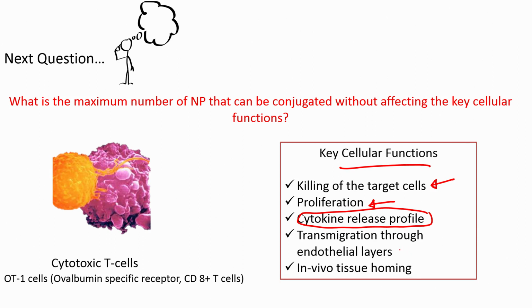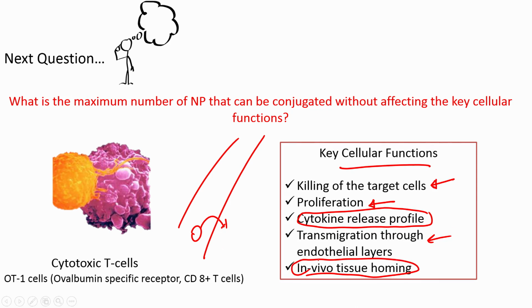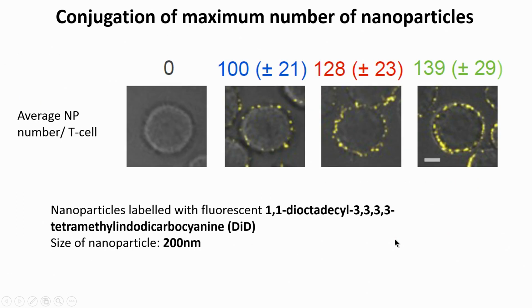One other important function that these cells do is migrate through the endothelial layer. So, when they are flowing in the blood vessel, they need to come out when there is inflammation, remember the rolling adhesion, and so they want to see if the transmigration can still happen, and then finally whether they can home into the tissue where these T cells are required. So, these are all the functions they are looking to test.